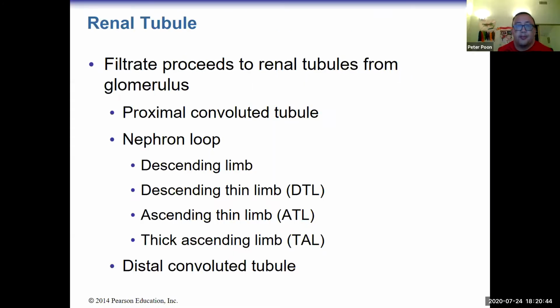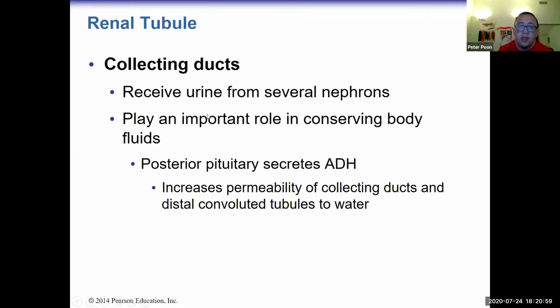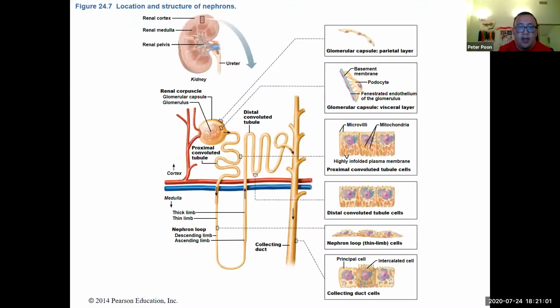So the next part is reabsorption, and that happens in the renal tubules. The first thing it goes to is the proximal convoluted tubule.